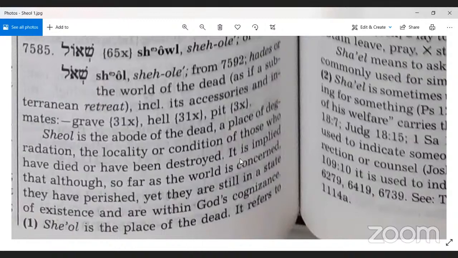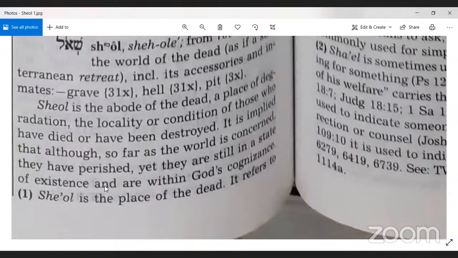The implication is these dead people are still in a state of existence. So they're not really dead, right? And then we see conjunction and.